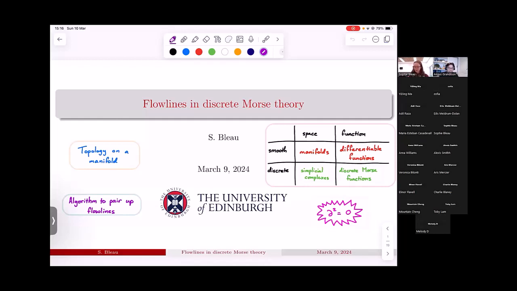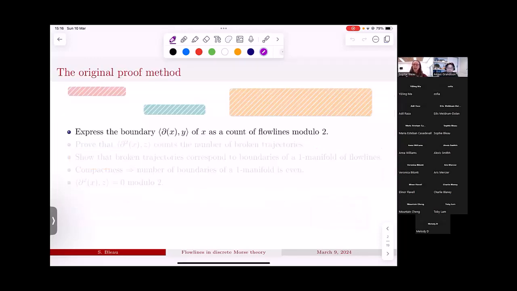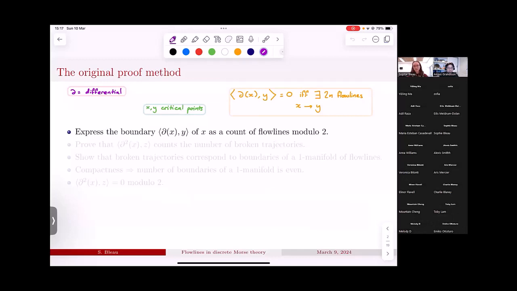But yeah, without further ado, the original proof method that I followed alongside was a smooth version that I found a discrete version of. It expresses the differential, with this notation for the differential of a critical point x with respect to a critical point y, as the number of flow lines modulo 2 between x and y.